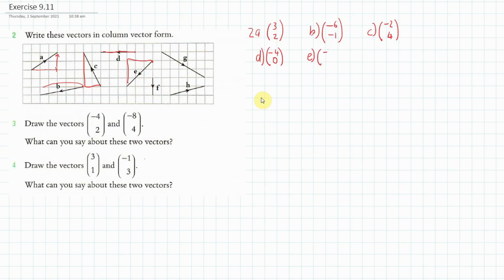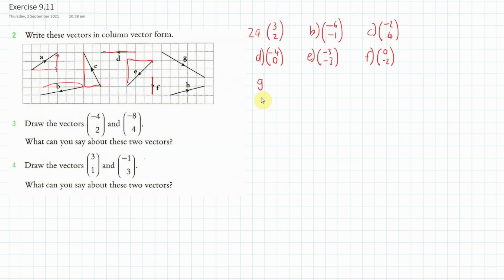So minus 3, minus 3. And then F, you can see that F has changed horizontally at nothing at all, and it's gone down 2. So no horizontal change, because horizontal is the top number, and minus 2 vertical change.